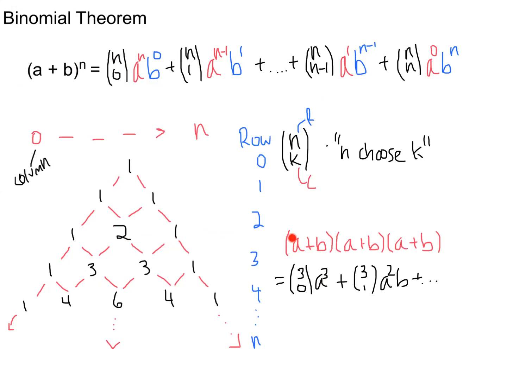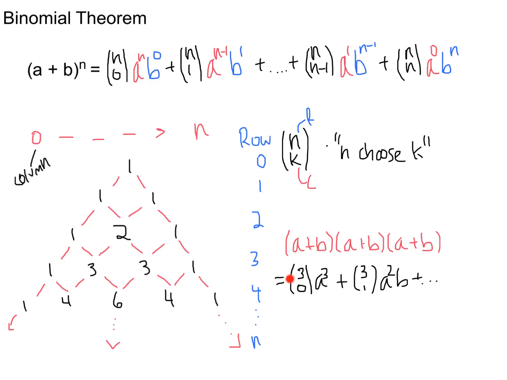The only way I can do it is take this a, multiply it by this a, and then multiply it by that a. There's only one way. And the way that we can think about this is if you have 3 buckets here, I have 3 binomials, how many ways can I choose 0 b's out of them?